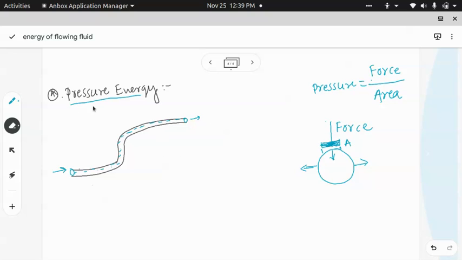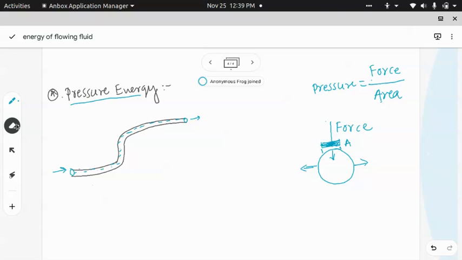So in order to calculate pressure energy, we have to have one demonstrative diagram that I should draw here.